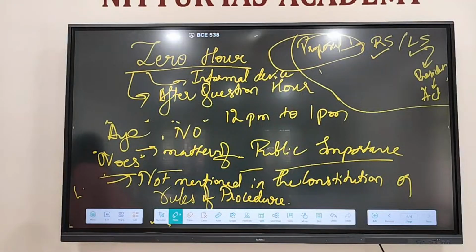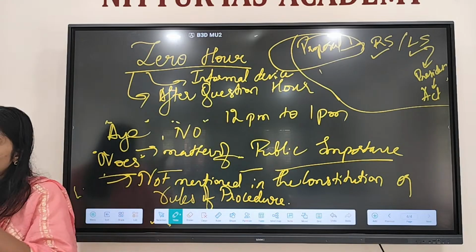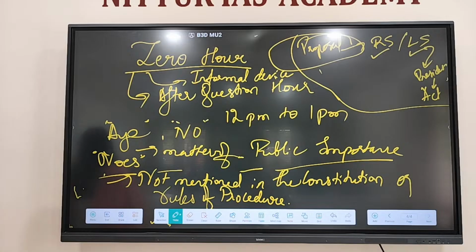Next, third one, secret ballot. See here, we are having two votings again, open voting and secret voting.